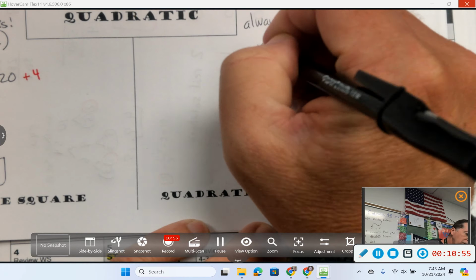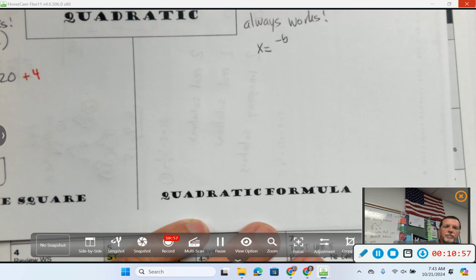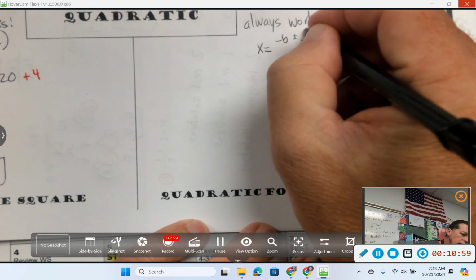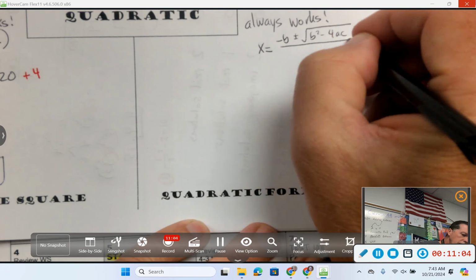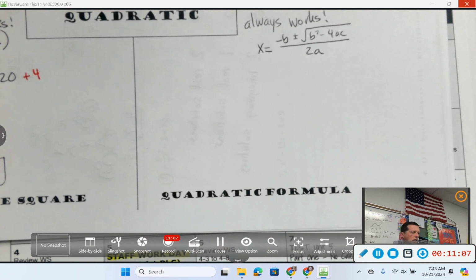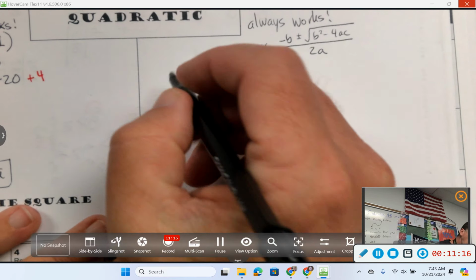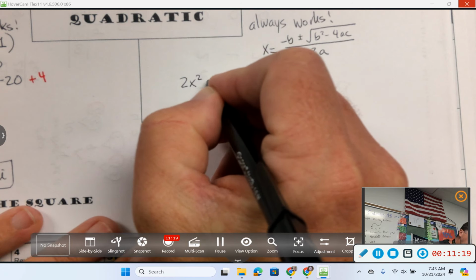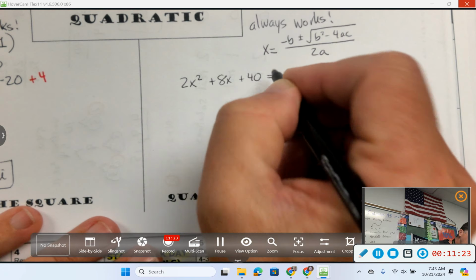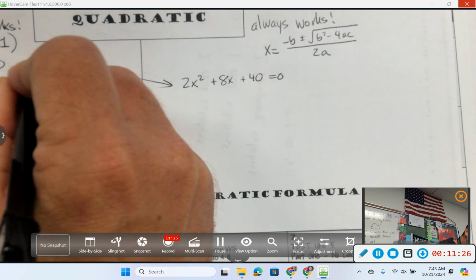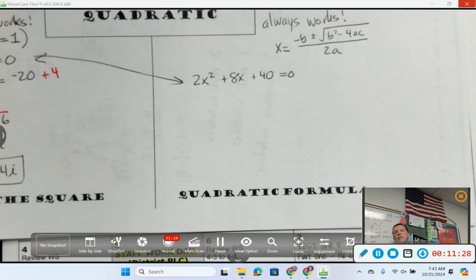We're still in the process of memorizing that, so let's write it down one more time. And I wonder if, let's solve the same problem we just did with a different method.